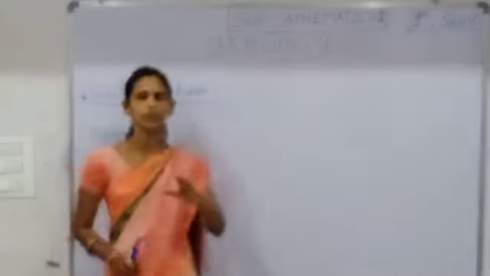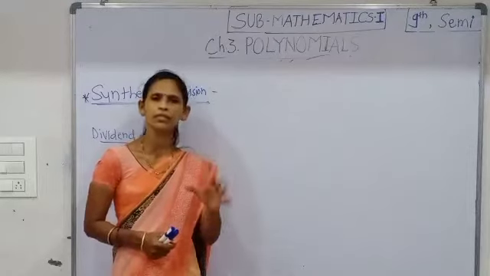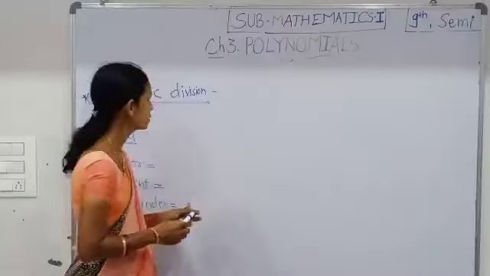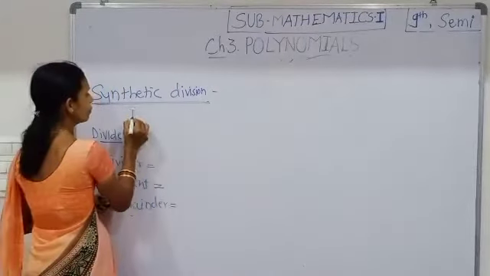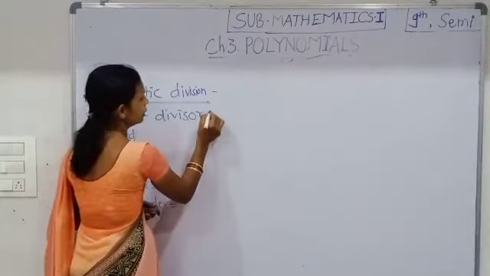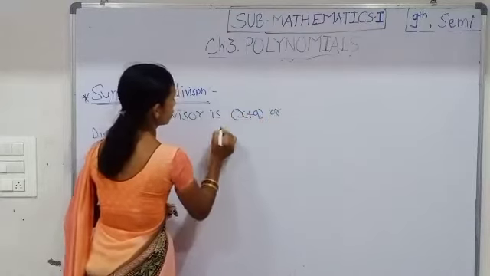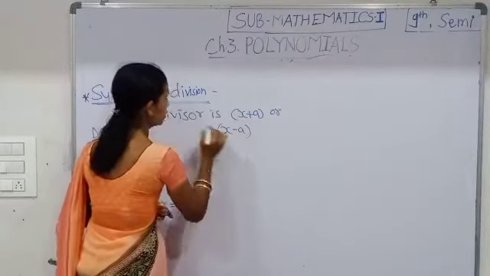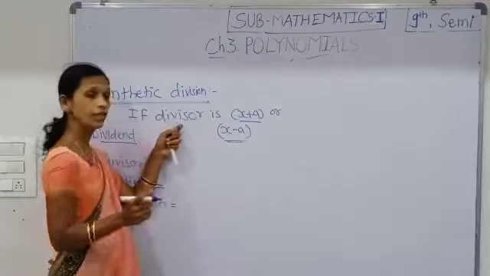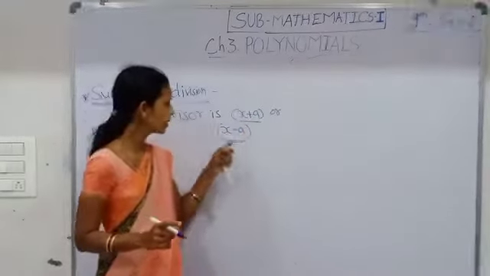The synthetic division method is one of the simplest methods of division of polynomials, but focus here: the divisor must be in the form of x plus a or x minus a.